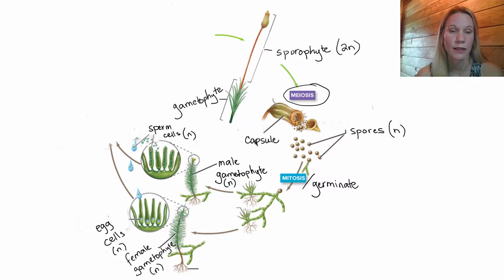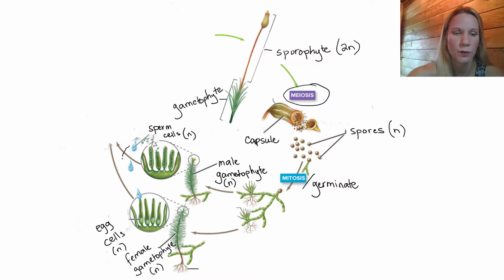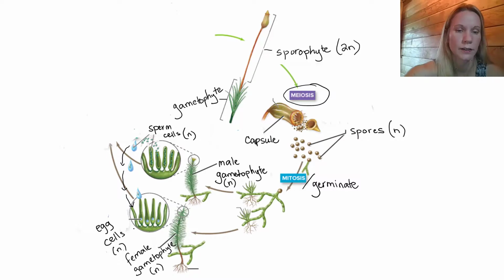Now what this is showing us is that, remember, mosses are dependent on water for fertilization. The sperm have to swim to the egg. And so the sperm here are released in these little water droplets. So the sperm are swimming to the egg for fertilization to occur.